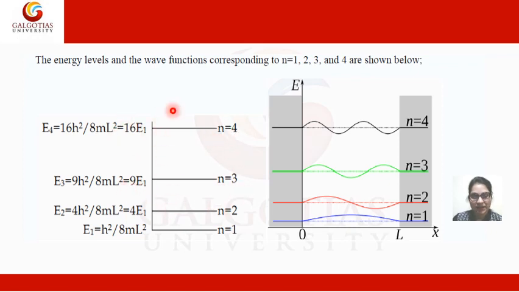You can see the pattern that the energies are discrete, there is no continuation in the energy. So the particle moving in the box of length L has discrete energy levels. Similarly, here you can see the wave functions, the representations of different wave functions, and the corresponding energies.